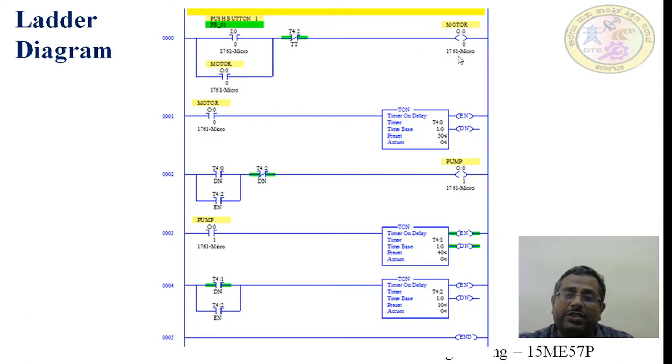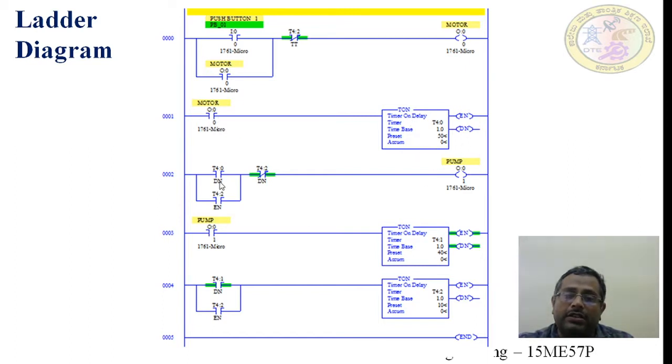As soon as the motor has started, this timer should be activated, because after a delay of 50 seconds the pump should be on. That's why in the second rung we are connecting a timer to the input contact that is addressed with the output. Means when the motor starts, this open switch will be activated to close and the timer starts counting.